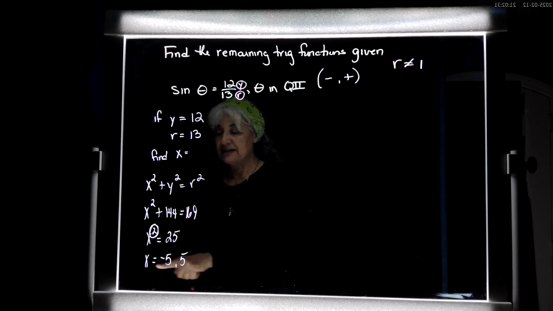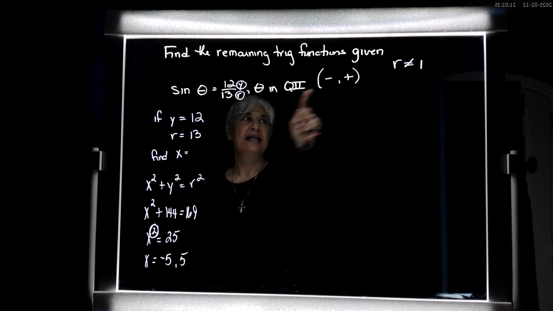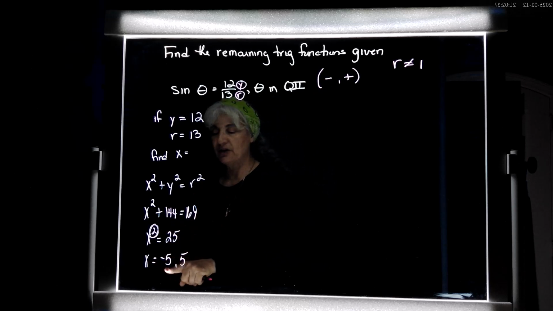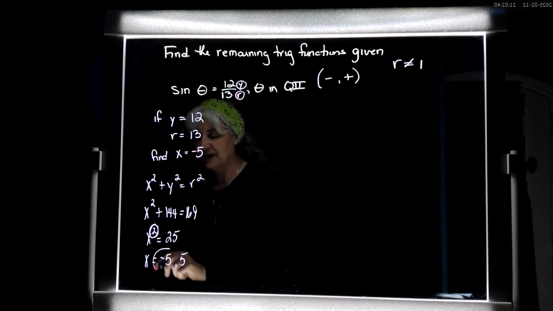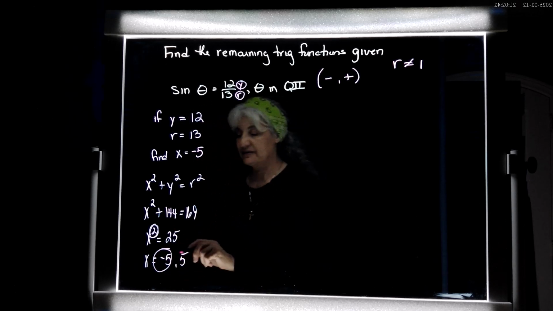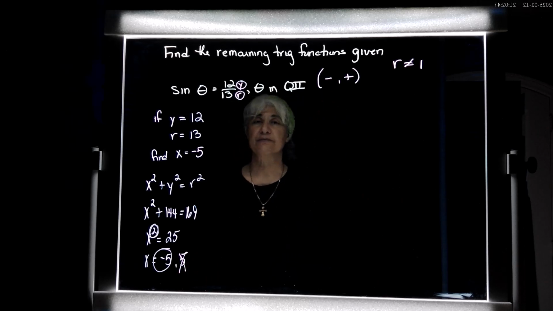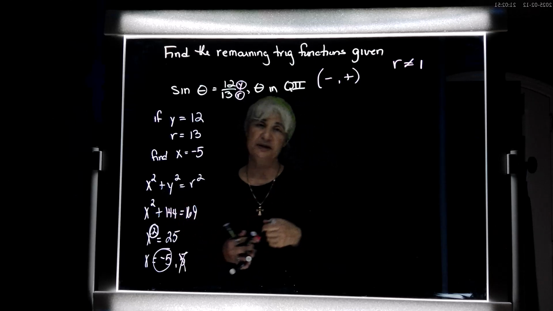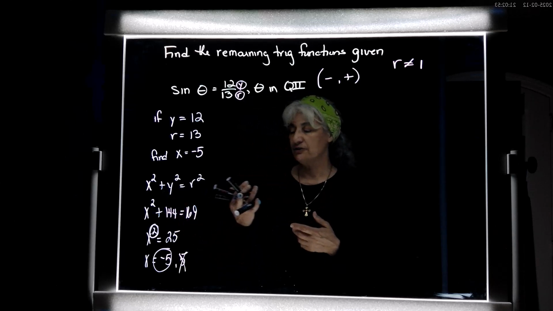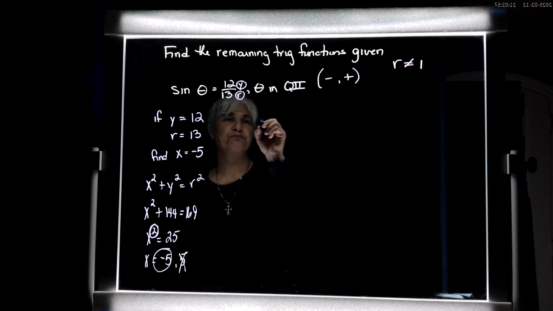So here I have to use -5 as my value for x, not the positive, because I'm in quadrant 2. Good? Now I have all the pieces to my puzzle, and I should be able to write all 6 trig functions without any problem.